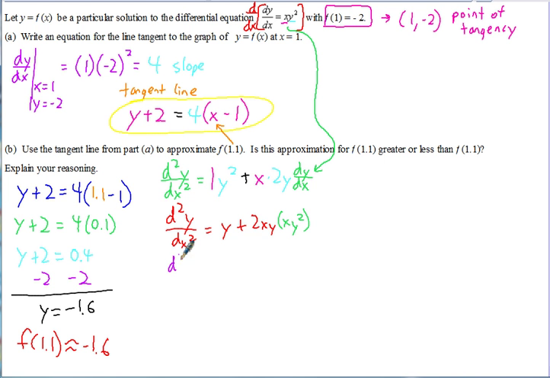So we get the second derivative equals y squared plus 2x squared y cubed. Oops, this is y squared, sorry.